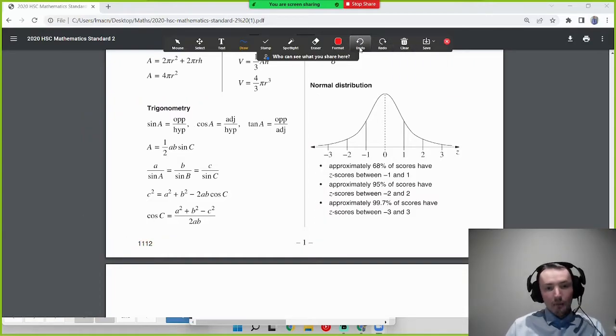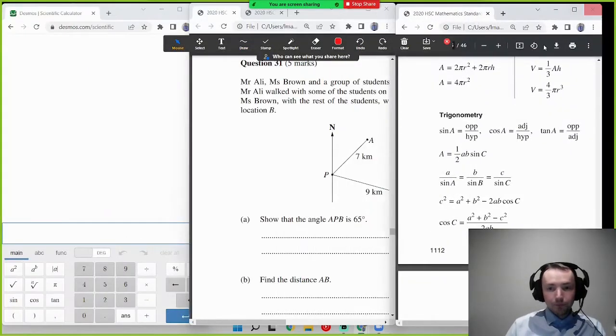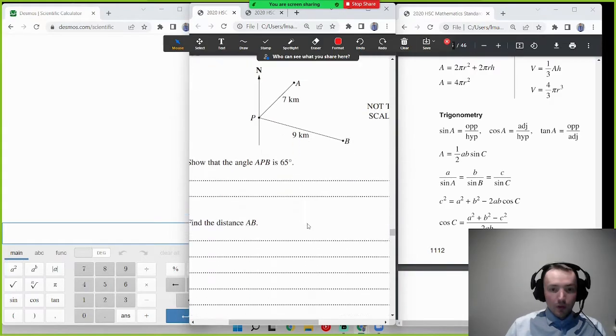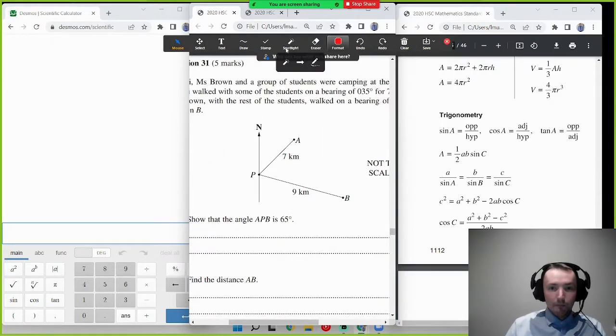These are all the tools in your toolbox that you might need to solve these questions. If we go back to our question, we want to find AB. We need to think about what information we have at our disposal. We have an angle and we know the distance of two sides of the triangle.